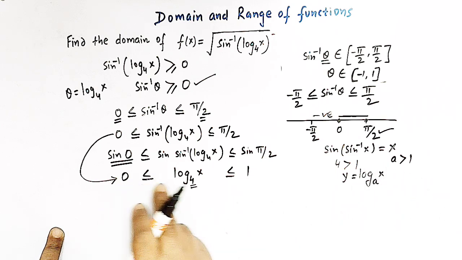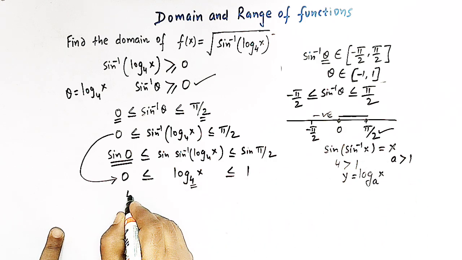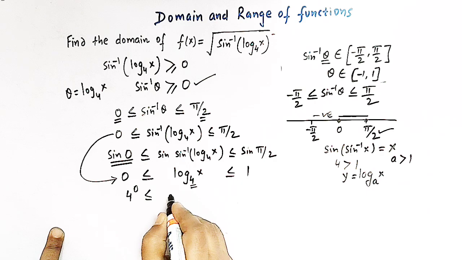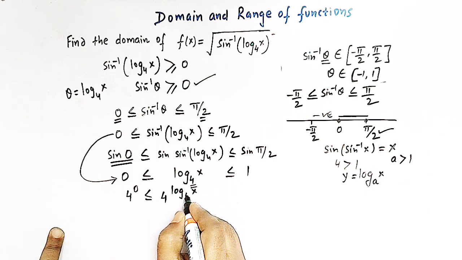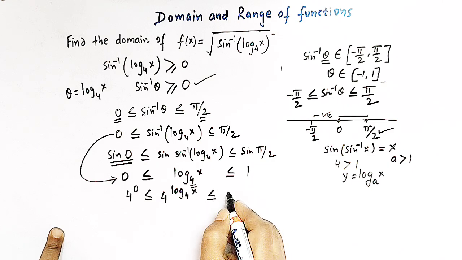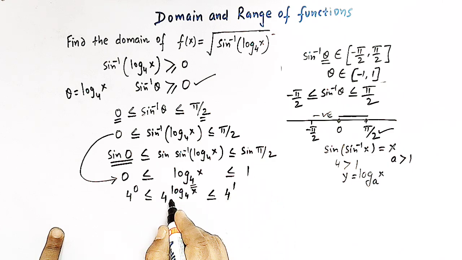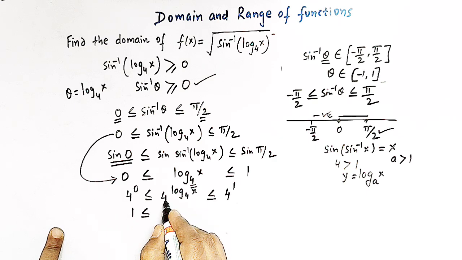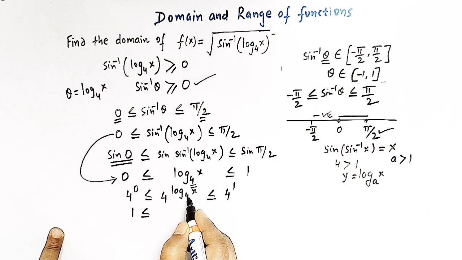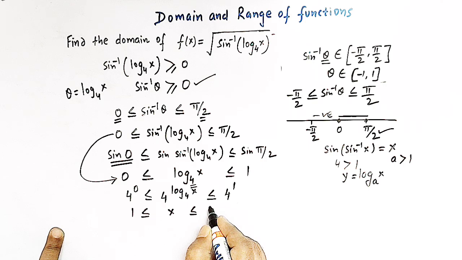So raising these three numbers to the power of 4, we have 4 raised to 0, 4 raised to log of x to the base 4, and 4 raised to 1. Now 4 raised to 0 is 1, 4 raised to log of x to the base 4 is simply x, and 4 raised to 1 is 4.